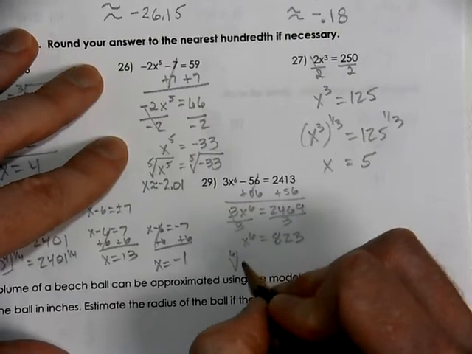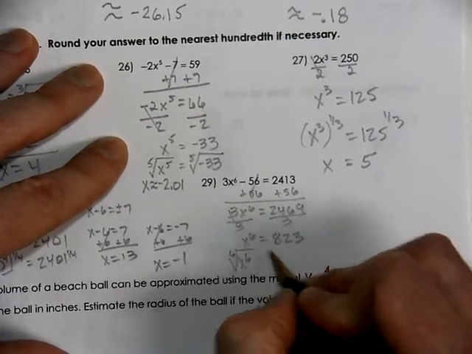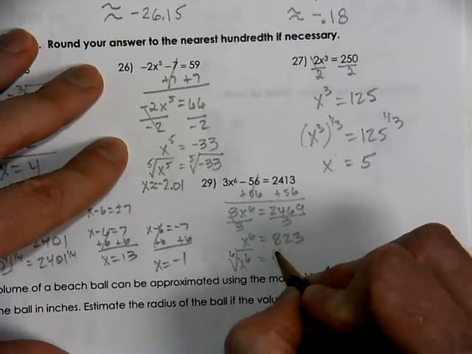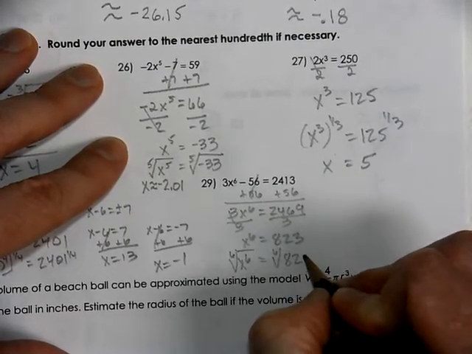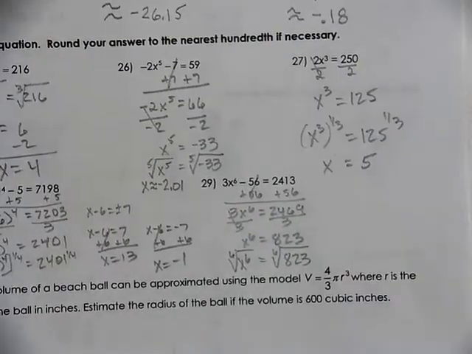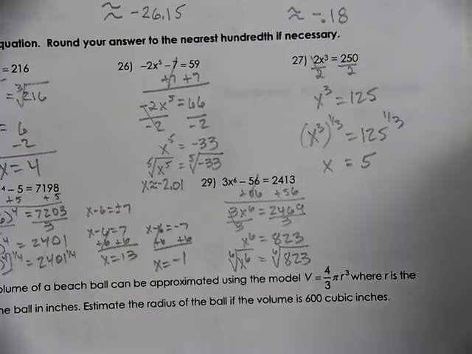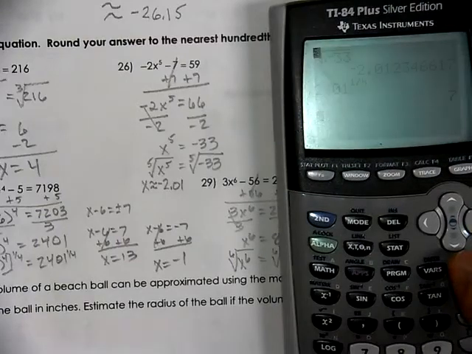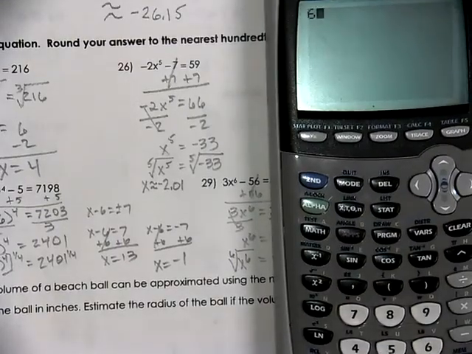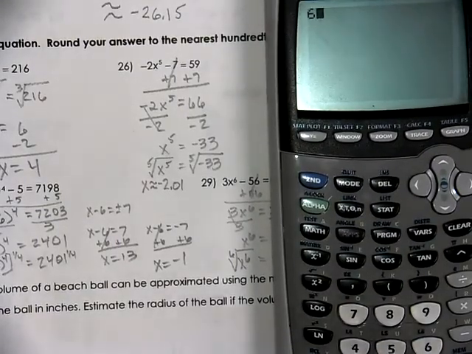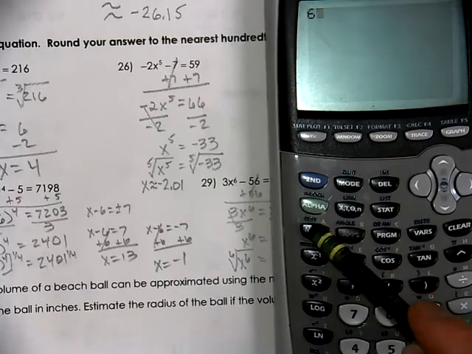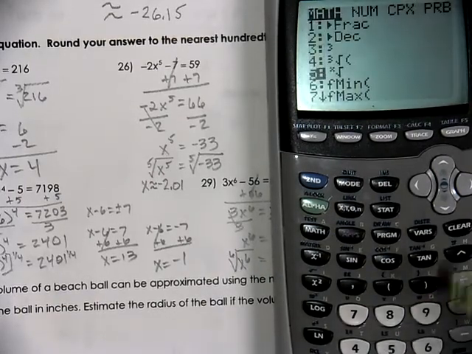We're doing the 6th root of x to the 6th. We're doing the 6th root of 823. This is the 6th root, so we hit the 6. We go to the math button, scroll down to number 5.